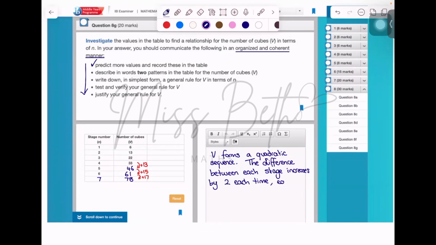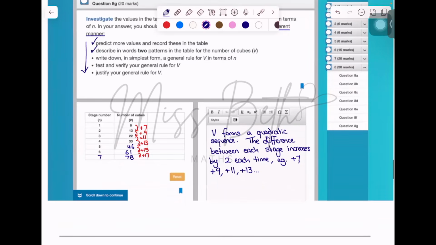So, for example, the first difference between 6 and 13 was plus 7, then plus 9, then plus 11, and so on. So I'd write this out. So plus 7, plus 9, plus 11, plus 13, and then you can just continue. Okay, and that would be enough for you to get your 2 patterns.